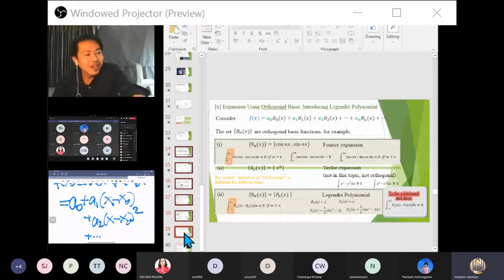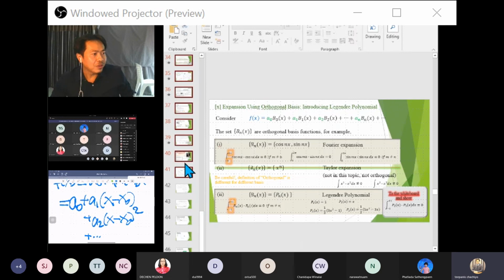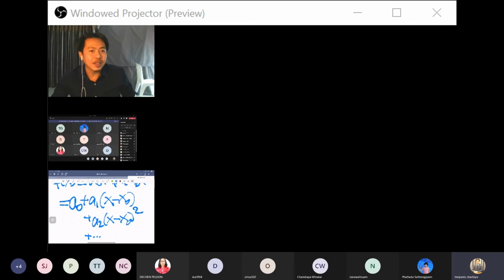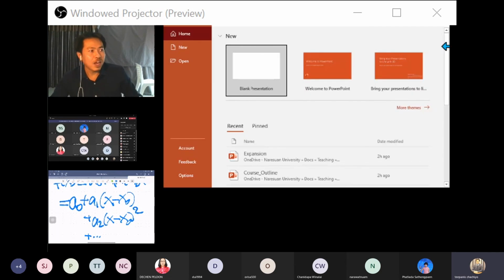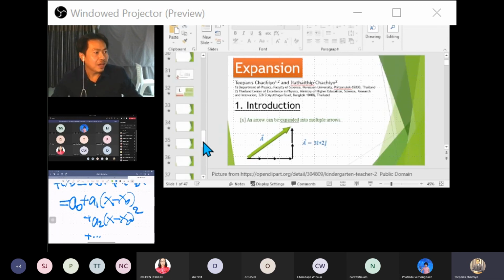I can't put the window in other mode. Let me turn off the PowerPoint and then open it again to see if the problem goes away. There you go. My window is coming online. Almost died.